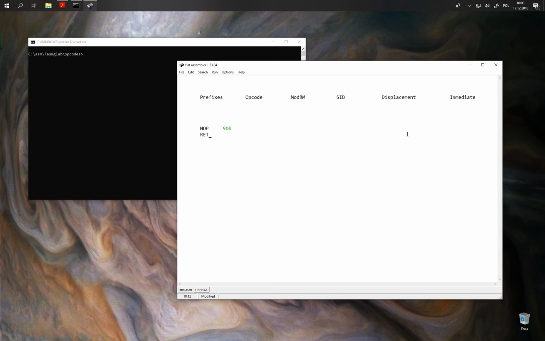Or perhaps near return has a similar code consisting only of opcode without any additional information. Previous time we also analyzed some instructions that use mod RM and SIB bytes.